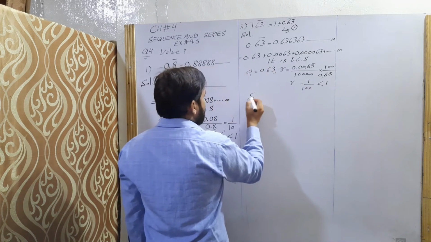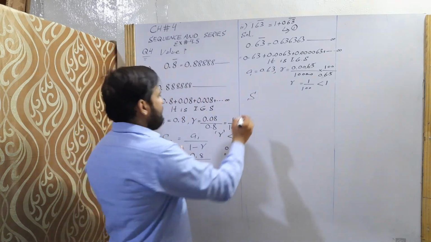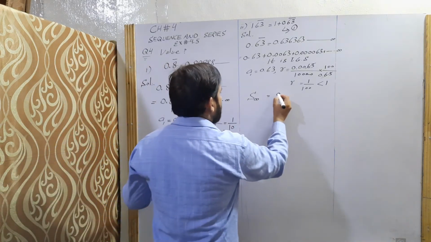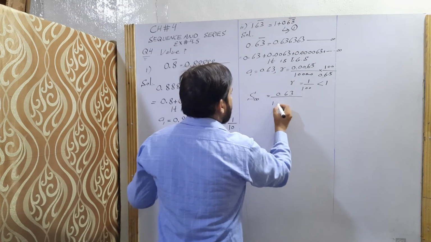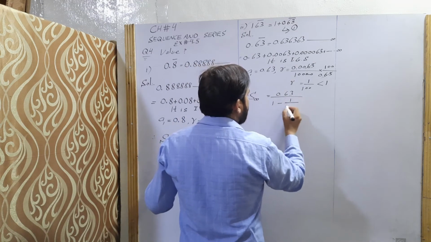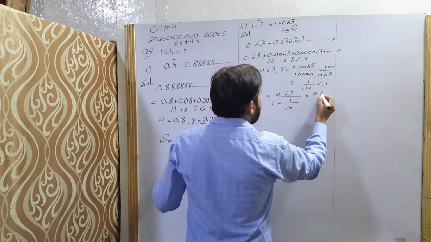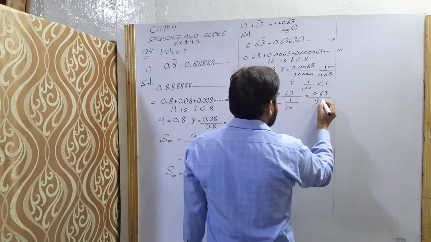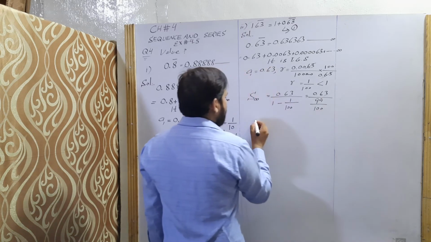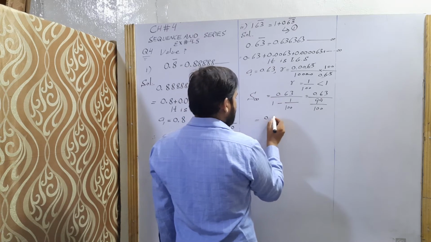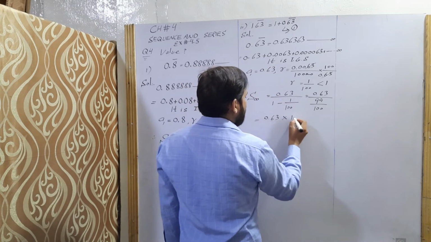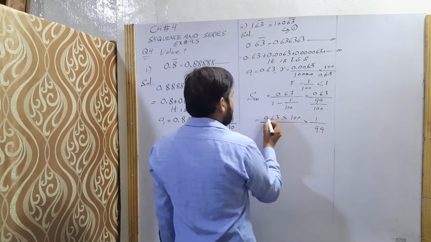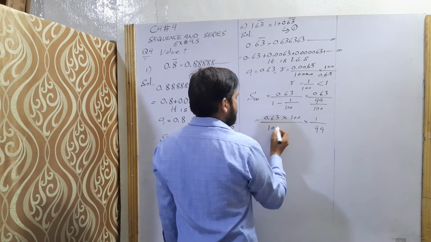So S infinity, the sum in this case, we can easily find by using this formula: a1, which is 0.63, divided by 1 minus r. In this case r is 1 over 100, so 100 ones are 100 minus 1, this is 99 over 100. This can be written as 0.63 multiplied by 100 over 99. There is a point, so 1 and 2 digits 0, so the zeros cancel.